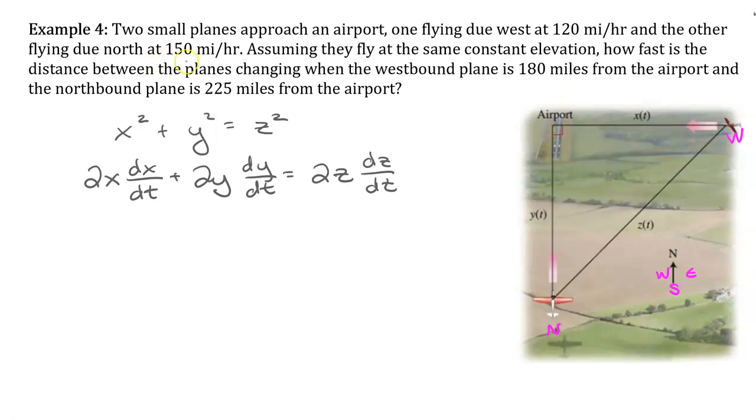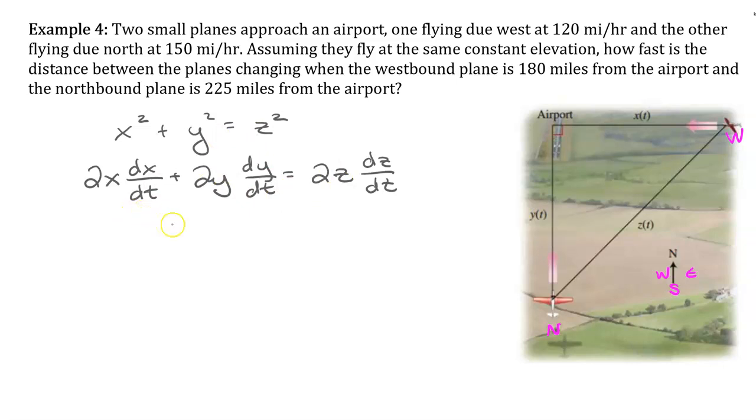And the north is 150, so that would be its rate. 180 would be the westbound plane's x. And then 225 would be the northbound plane's y. So with that in mind, we can work with our formula.